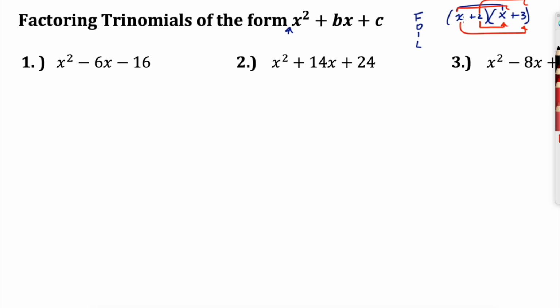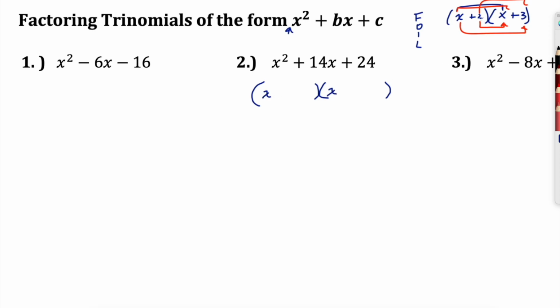And so the first term, x times x, gave us x squared. So here's an x squared right here. So we're expecting that when we factor a trinomial, we're going to get two binomials, and we expect the first term again to be x and x.